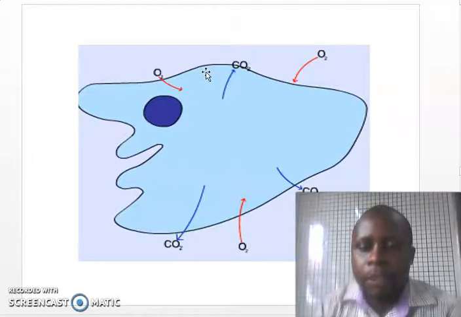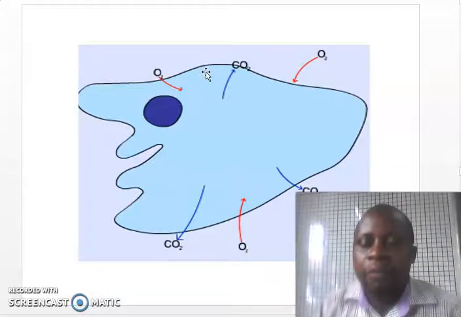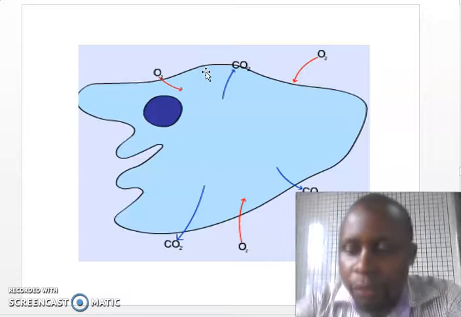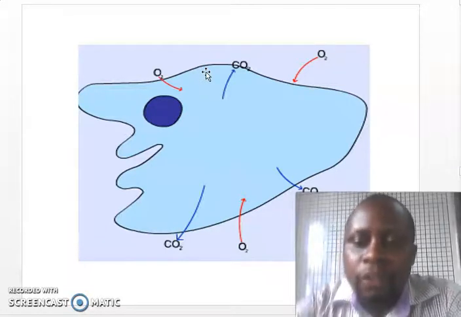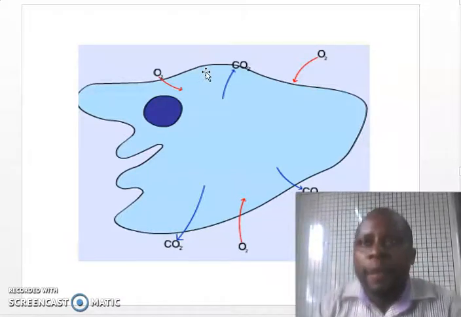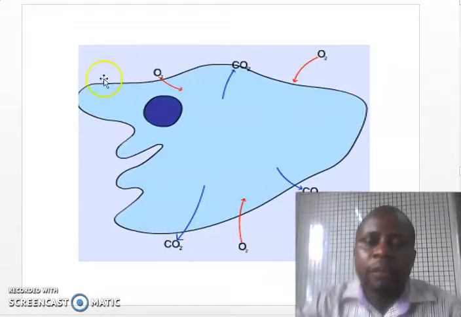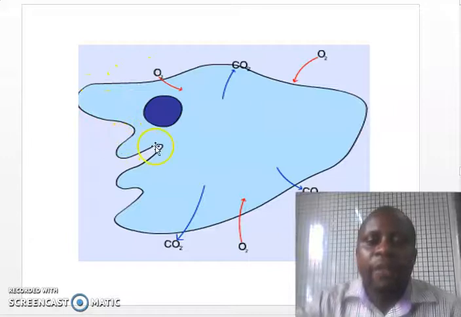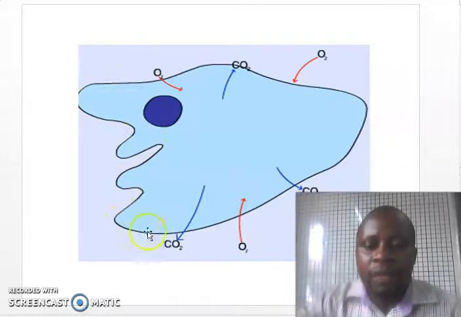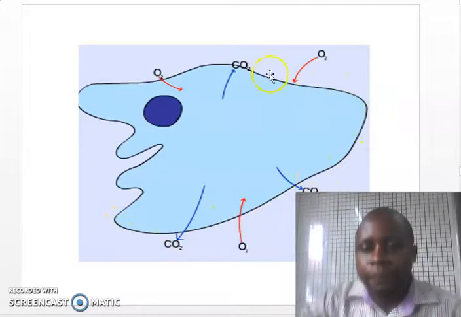Unicellular organisms, which are organisms made up of only one cell, have a large surface area to volume ratio. Because of that, they do not have any specialized respiratory organ, but instead, gaseous exchange occurs across their entire body, that is, across the cell membrane. Their bodies are made up of only a single cell.